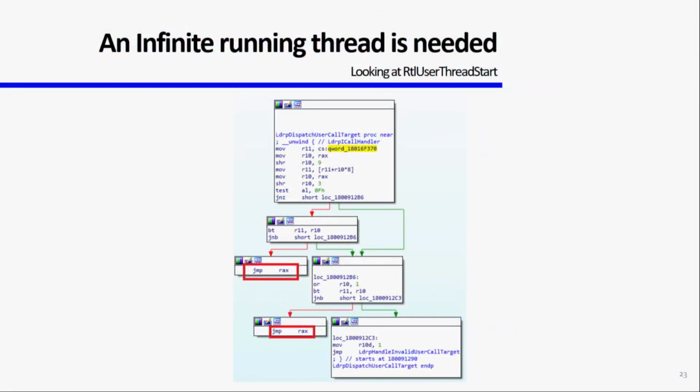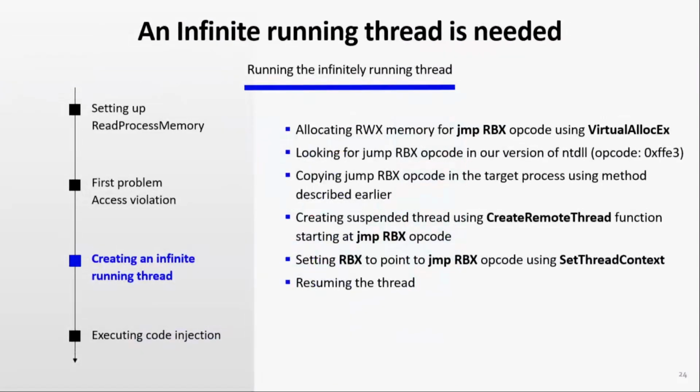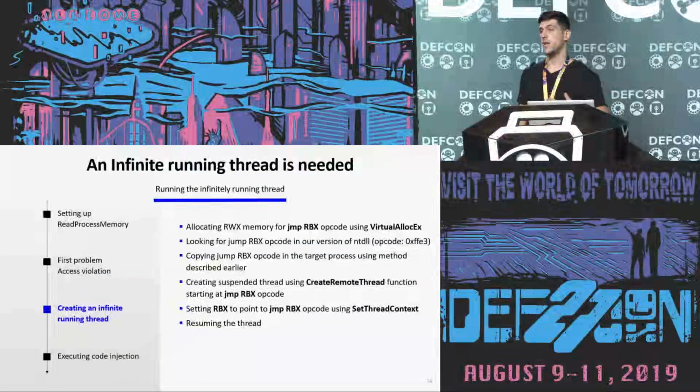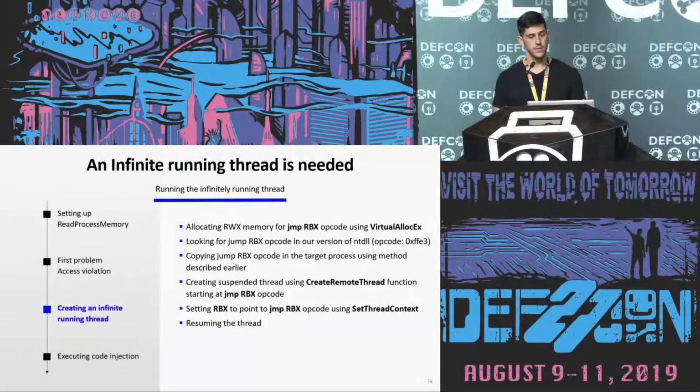And I guess you haven't seen it, but RBX was never used here. RBX was never changed during this time. So we are going to abuse that, and we are going to use the opcode jmp RBX to make the infinitely running thread.